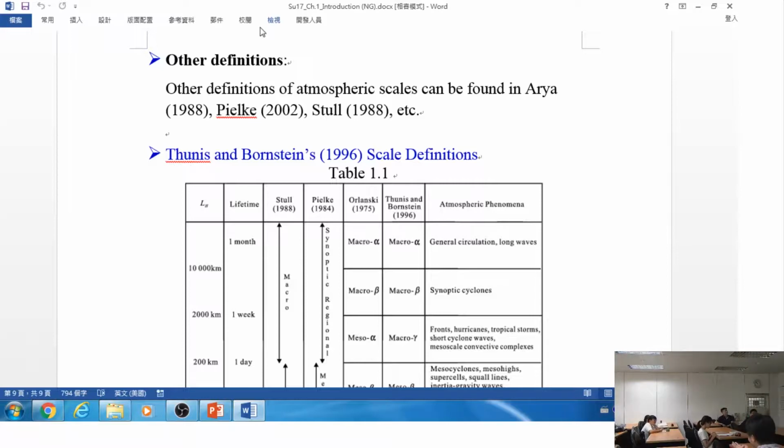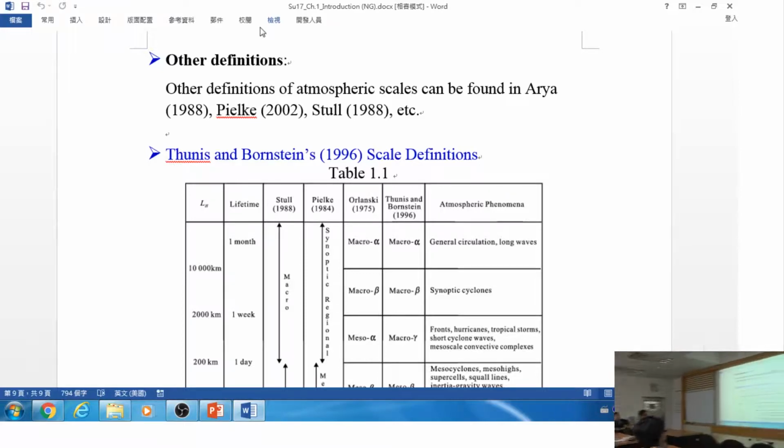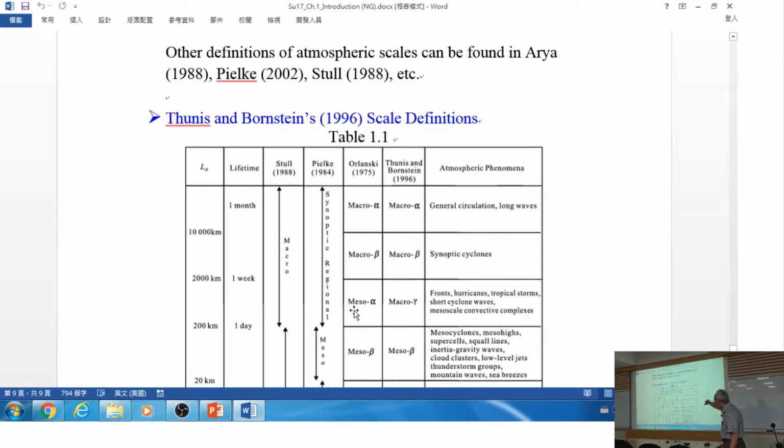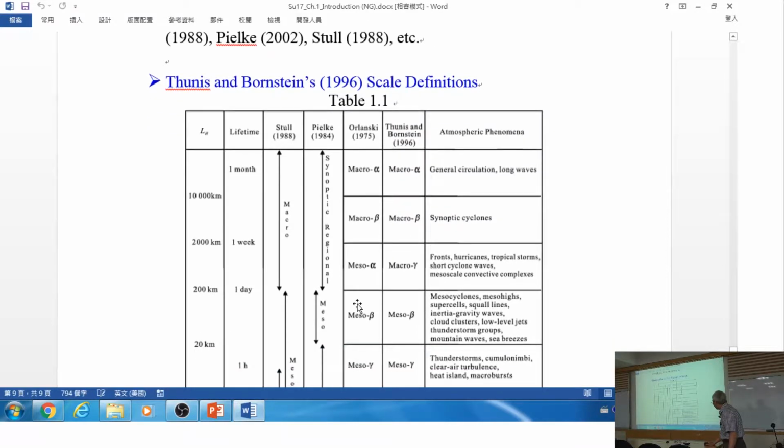But it's not very popular. I didn't list it because it's not in the popular definition of scales. But in this class, we will mainly follow the other scales.